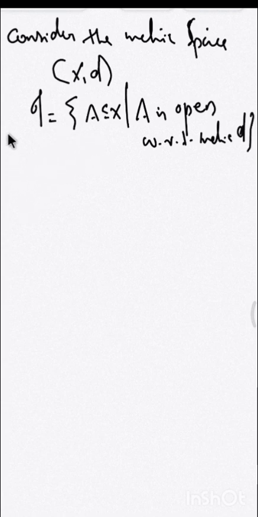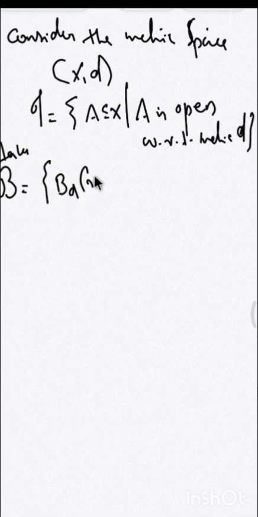So we are going to define a base for the metric space. Take script B equal to the collection of all sets of the form B_d(x, r), where x varies over capital X and r is a small positive real number.